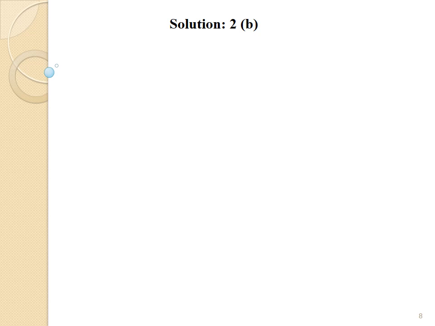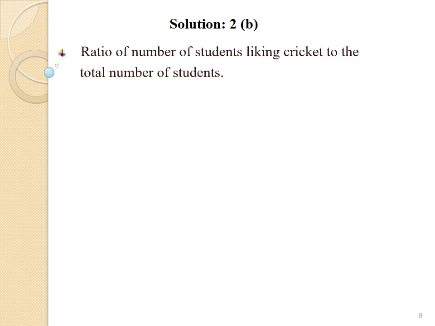Now, sum 2, solution B. Ratio of students liking cricket to the total number of students equals number of students liking cricket by total number of students in a class equals 12 upon 30.